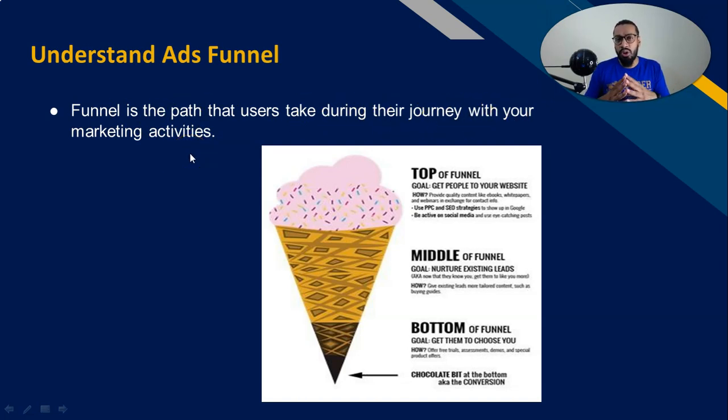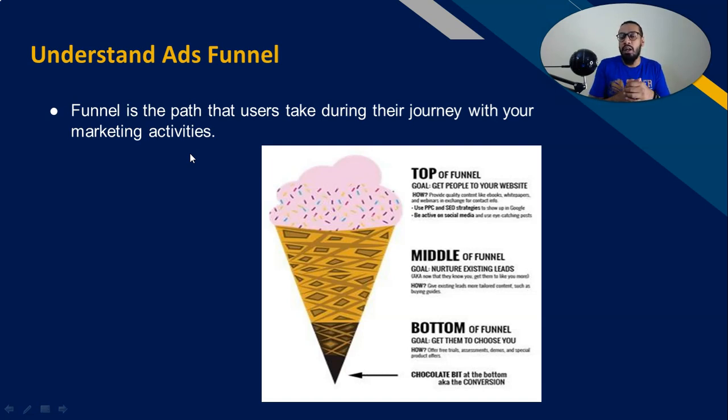In simple words, when you start promoting on any platform, there is a sequence. In the first stage, people become aware of your product or service. In the second stage, they engage or they try a test product.